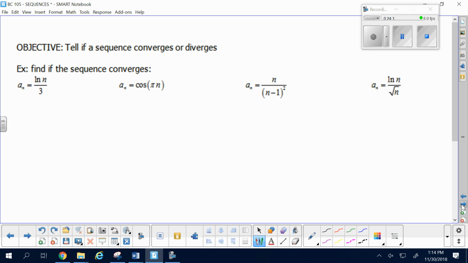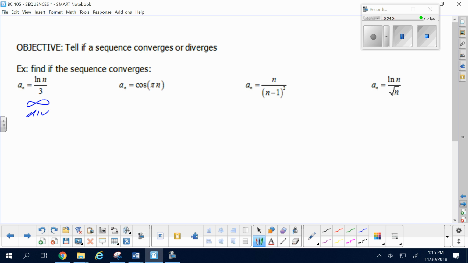If I ask you, and this is a very common problem, does the sequence converge or not? Do the terms in this list start to approach a number? To do that, you will not just say, yeah, or no, it goes to infinity.